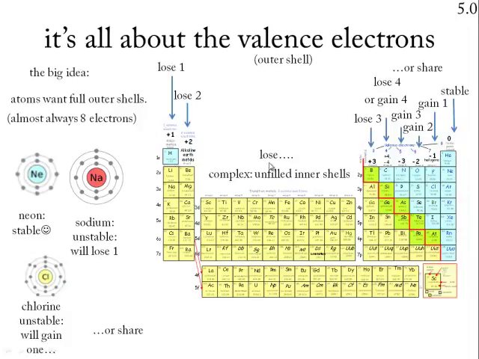All the reactivity can be based on the idea that they want to become like noble gases. Keep your mind open to the idea that all of these electrons here can be shared rather than gained or lost, and that's an option for these. These metals, now they'll just lose them. Okay, that's how to predict the chemical reactivity of all the elements, and this is Screencast 5.0.